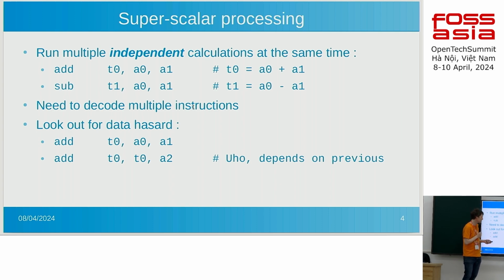Now, the problem with this is you need to decode multiple instructions, and you have to look for dependency hazards or data hazards between the instructions. For instance, if you want to sum A0, A1, and A2, the second instruction depends on the first one. I can't run them in parallel, because the calculations would be incorrect, since I need the result T0 of the first one to calculate the second one.